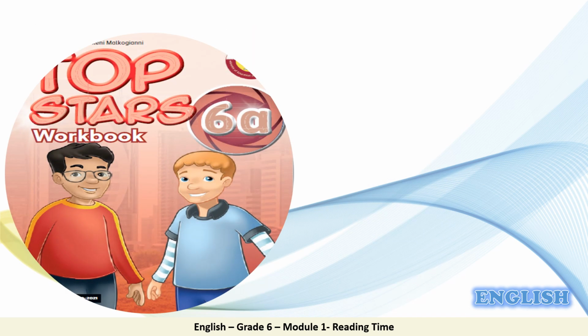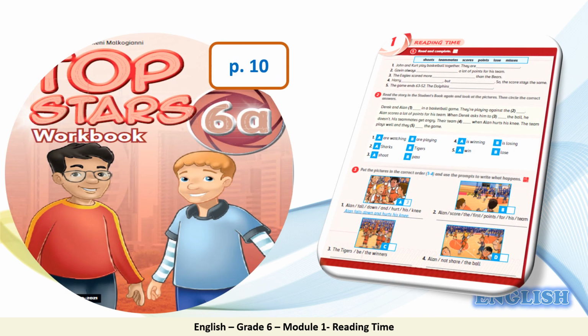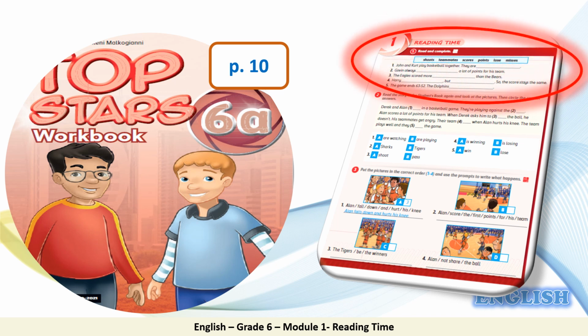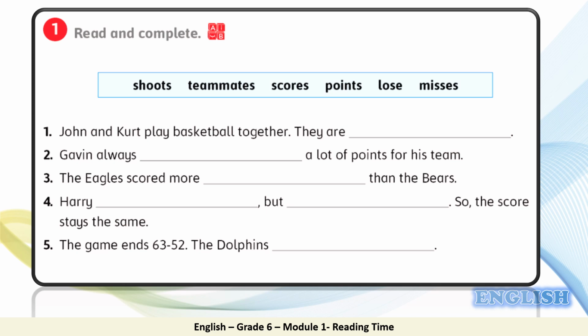It's time to go to the workbook, page 10, especially exercise 1. Read and complete. We have here 6 words that we need to use to complete the 5 sentences below. Let's read the words first.